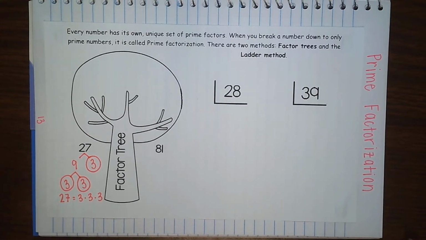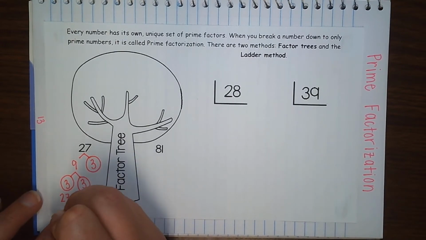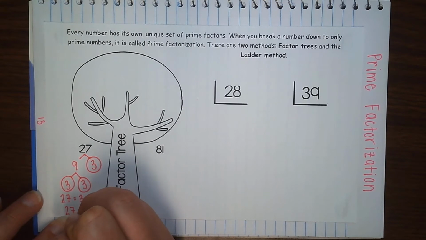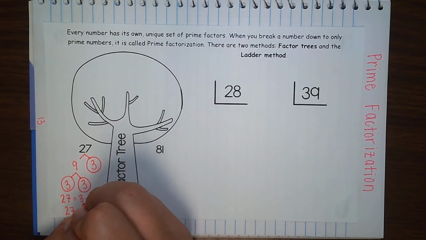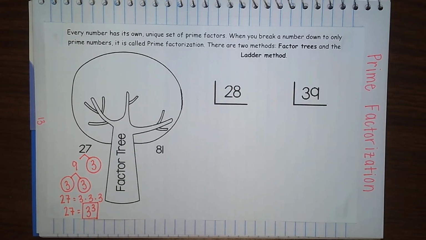Now, in the 5th grade, that might have worked, but in 6th grade, we know what exponents are. So we could say 27 equals 3 cubed. And this would be our answer.